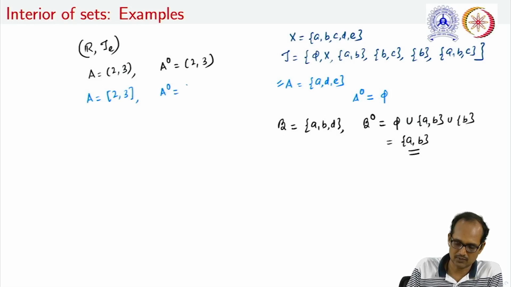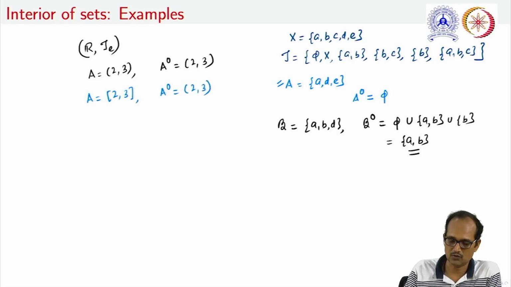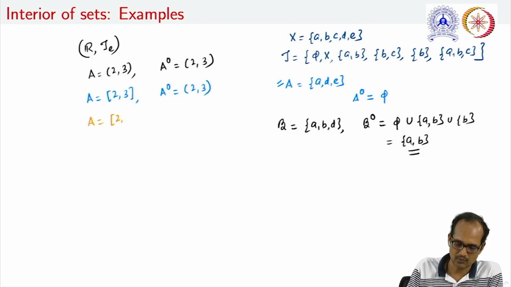Note that this will still be the open interval (2, 3) because this is the largest open set inside the closed interval [2, 3]. Moving ahead, let us take A as the semi-open interval [2, 3). What about its interior? Again, the interior will be (2, 3).